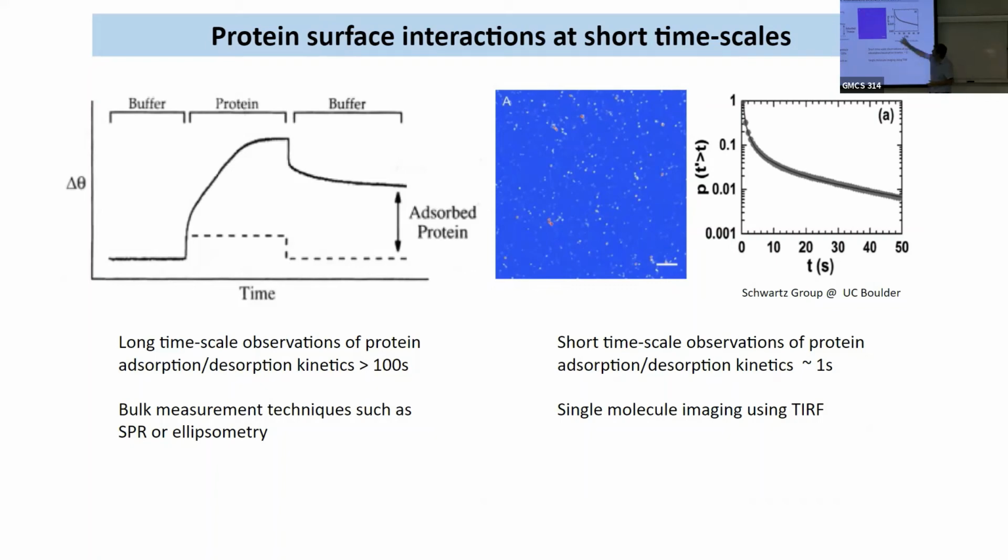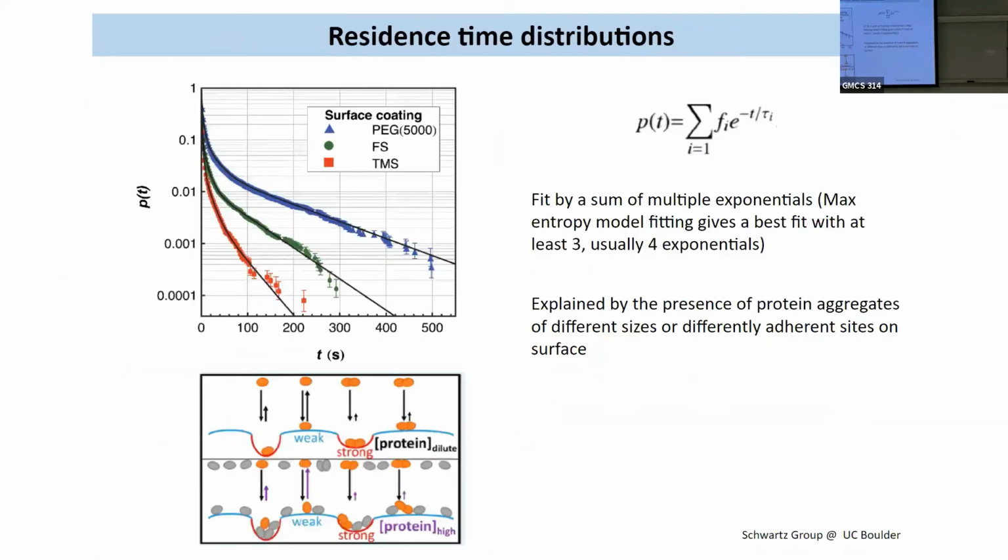And this is a log normal scale. So that's not an exponential. If it was an exponential, it would be a straight line, right? It's not a straight line, so clearly it's not exponential. Great, how do you explain it? You explain it with a sum of multiple exponentials.